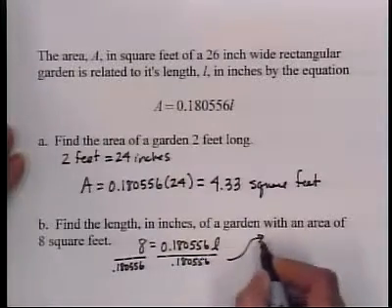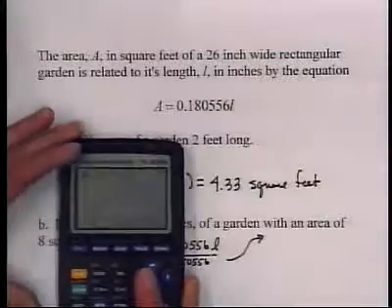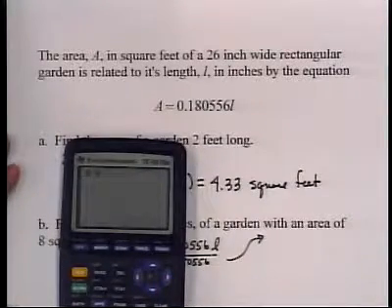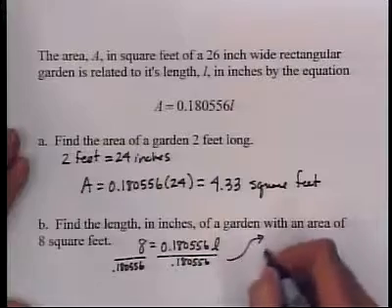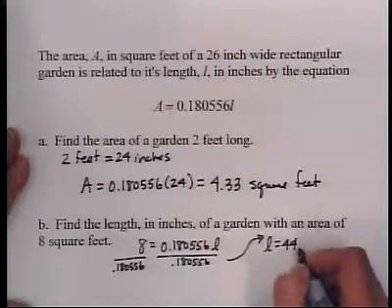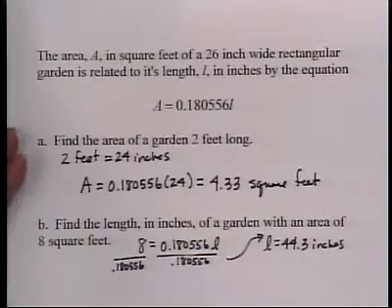Now, using a calculator to do the division, we're going to find 8 divided by 0.180556. We get 44.3 for L, and that is already in inches as requested in the problem.